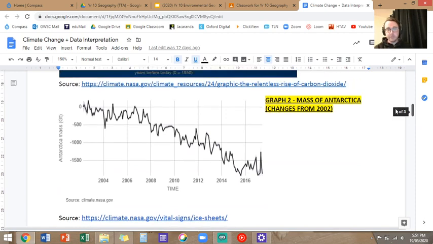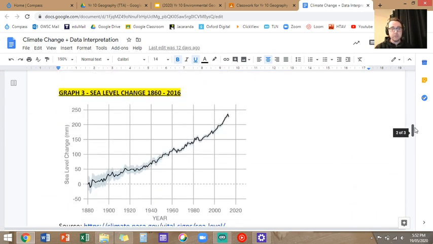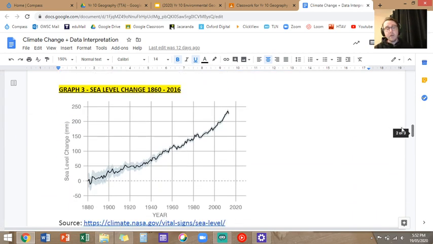Then I'll quickly buzz through these other graphs. Graph 2 is showing the mass of Antarctica. You can see on the left there, it's showing Antarctica's mass, so Antarctica's size, and then how that's progressed throughout history. So 2004, it was this size. 2010, we're getting smaller. 2014, smaller, etc., etc. Graph 3, we're looking at the sea level changing in terms of the height of the sea level.